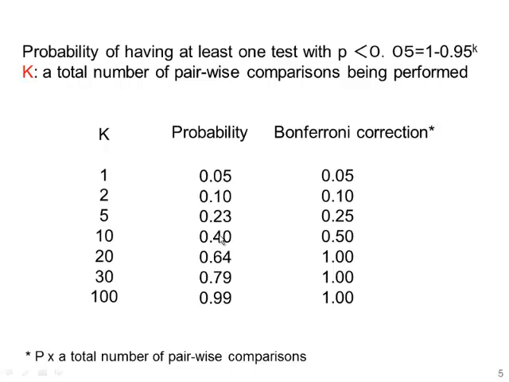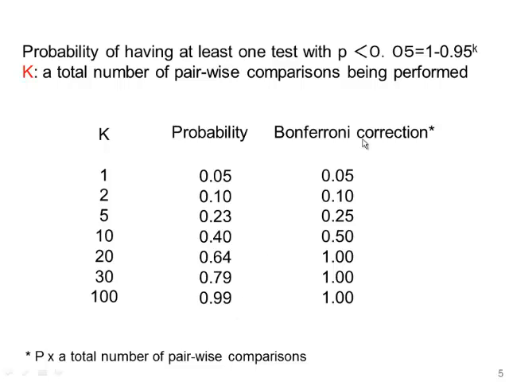Okay, no difference. So if you repeat those tests 100 times, there is a 99% chance you detect a difference with at least one test when there is absolutely no difference in any of these 100 tests.